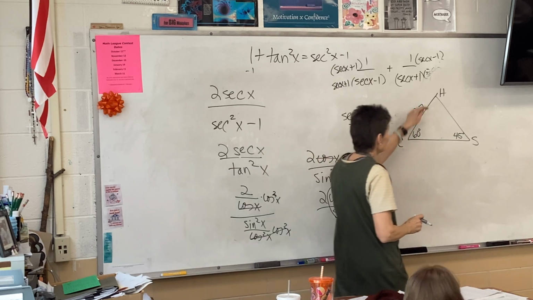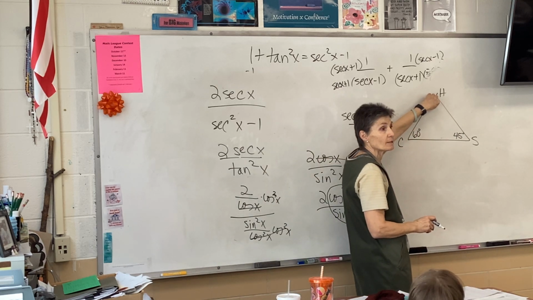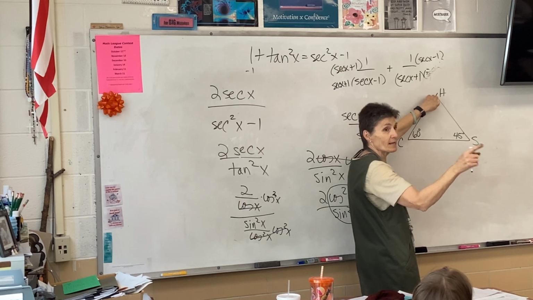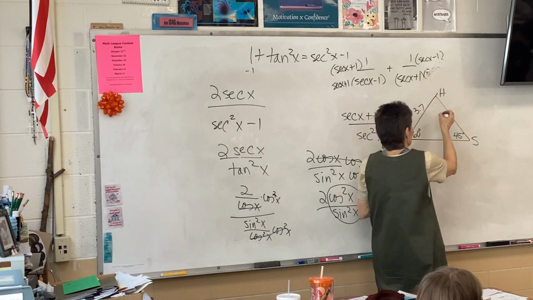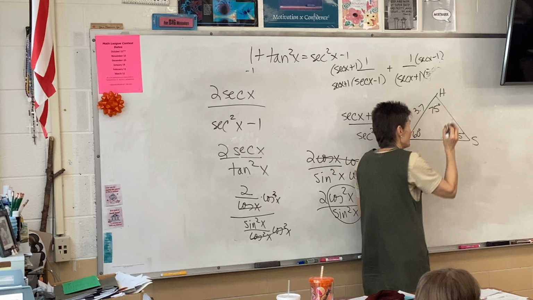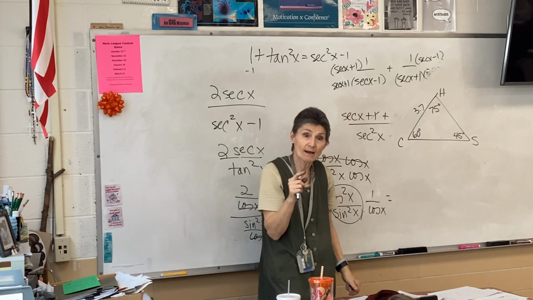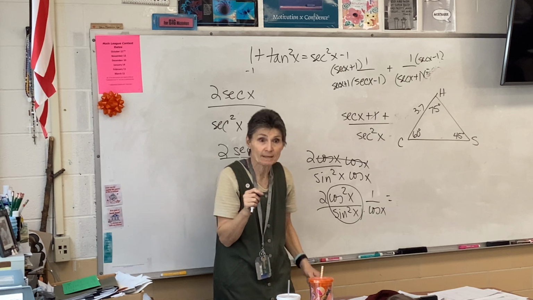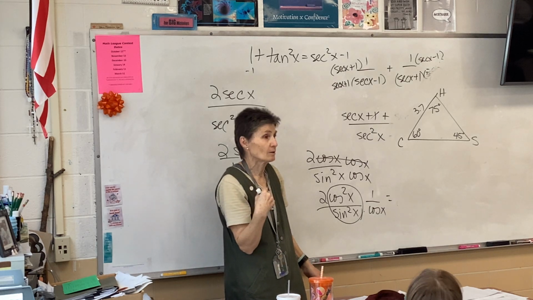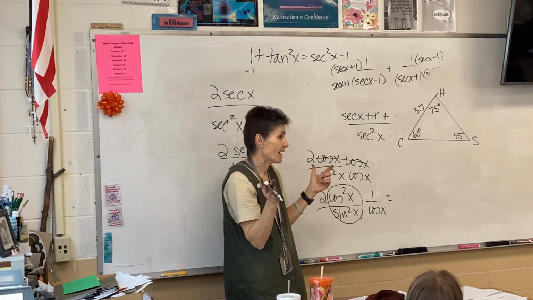Certainly angle H is missing. And Jake has said angle H is a no-brainer. It's 75 degrees because the angles of a triangle have to add up to 180. So if you give me 2 angles, I'm going to know the third one, automatic.